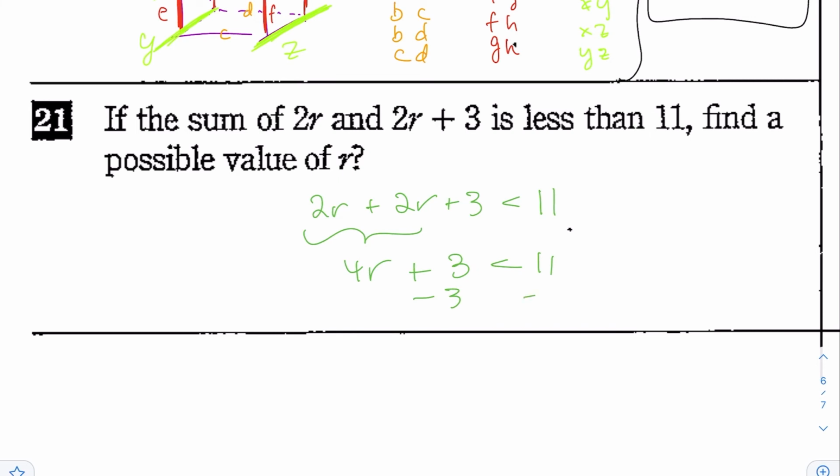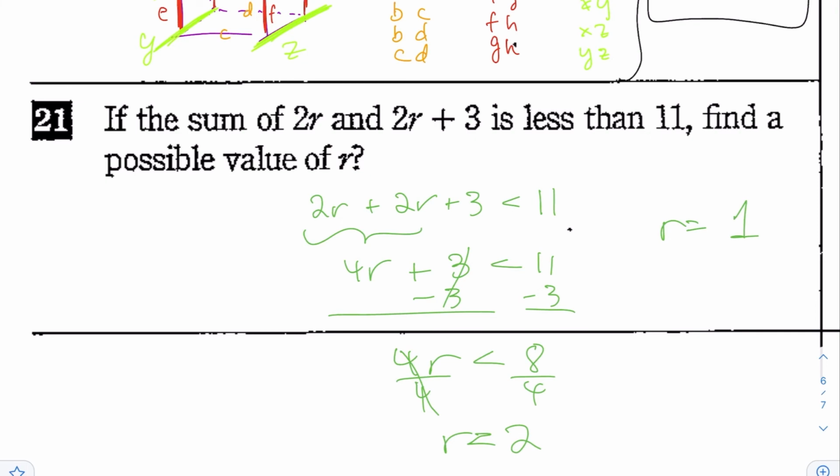Subtract 3 from both sides. You get that 4r has to be less than 8. Divide by 4, you get r has to be less than 2. So r could be 1, or could be anything less than 2. You can't bubble in negative numbers, so you also want this to be greater than or equal to 0.